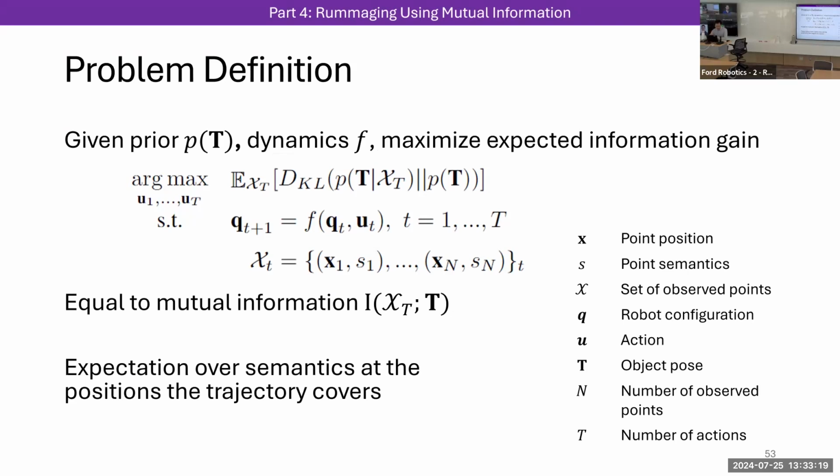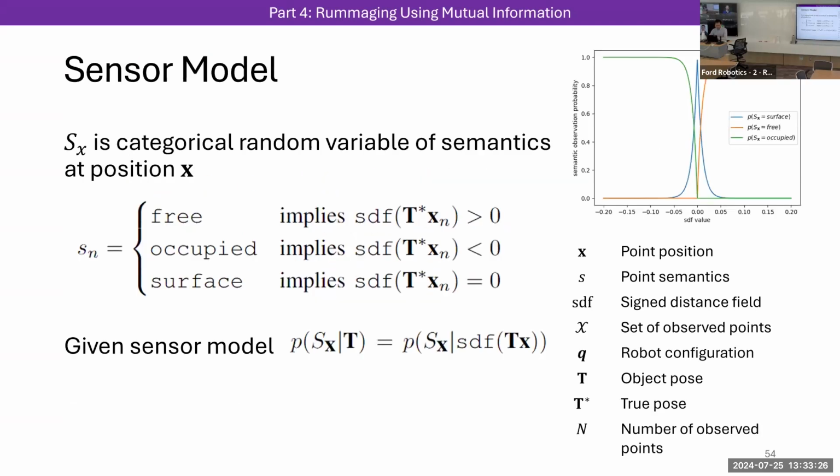That is one detail I'd like to clarify. The random variable here is the categorical random variable of semantics at each position X that a trajectory will sweep out. This is similar to what we introduced before. We simplified the known SDF value to just be the surface semantics.